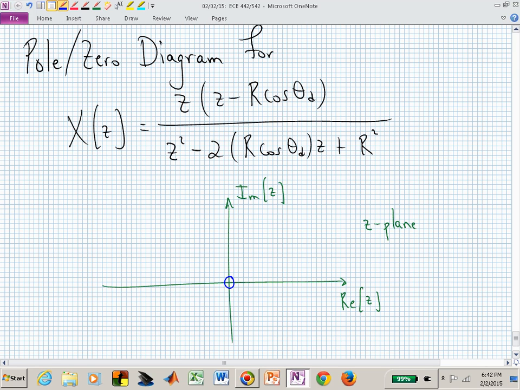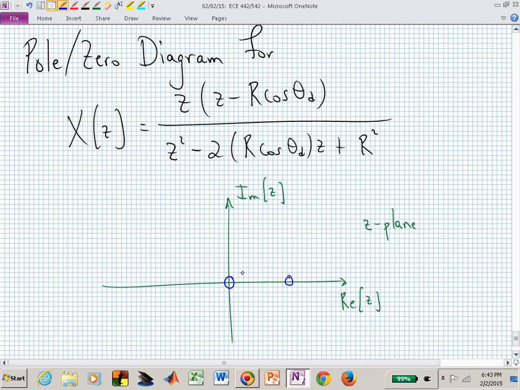That's the z sitting out there factored by itself. Where's the other 0? It's some distance on the positive real line, at r cosine of theta sub d.